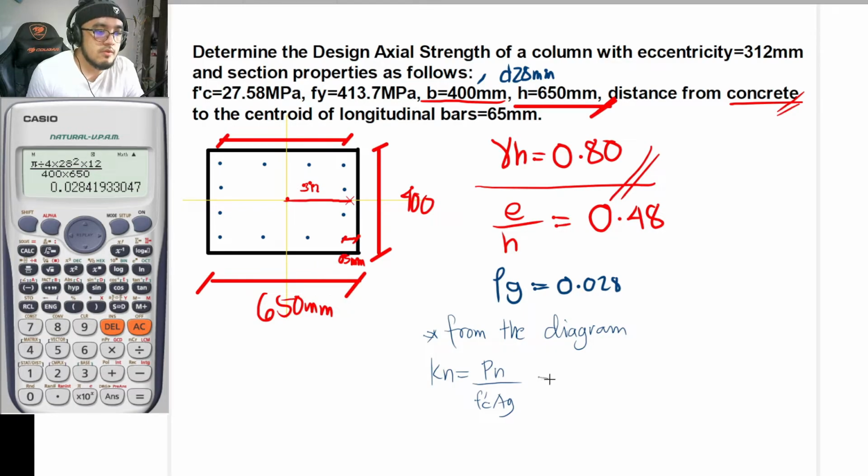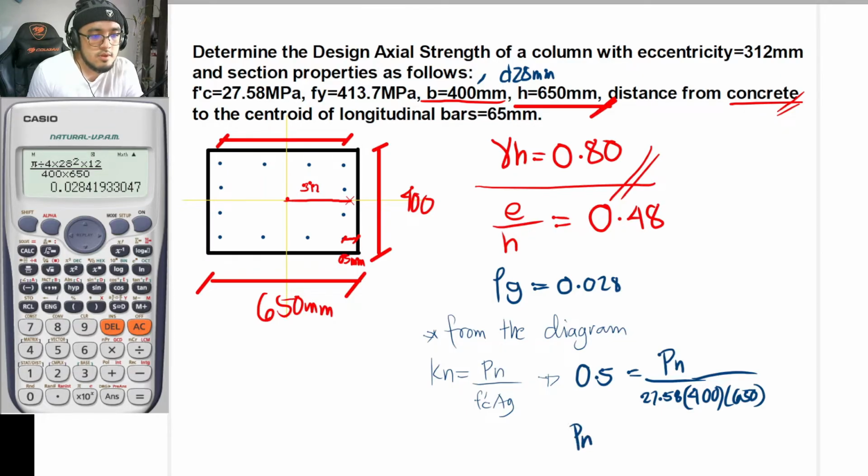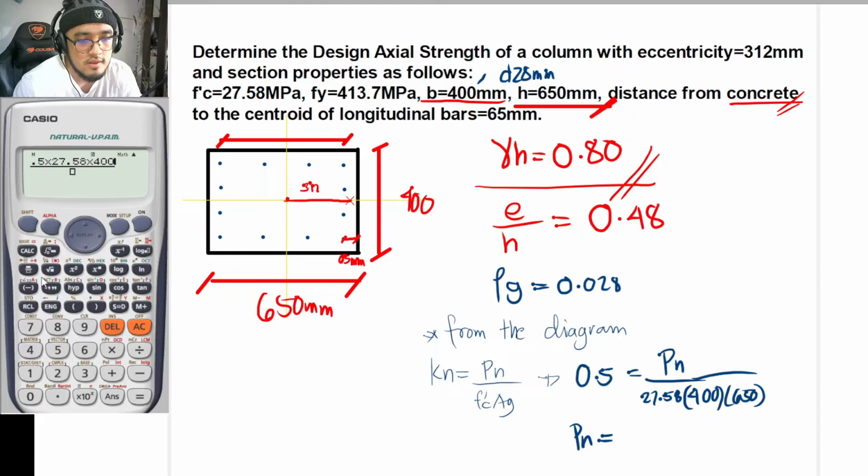So substituting known values, Kn is now to be equal to 0.5. This is to be equal to Pn divided by F prime C, and that is to be 27.58, times the cross-sectional area, and our cross-sectional area here is to be 400 times 650. Okay, so with that, cross-multiplying, the value for our Pn is now to be equal to 0.5 times 27.58 times 400 times 650.